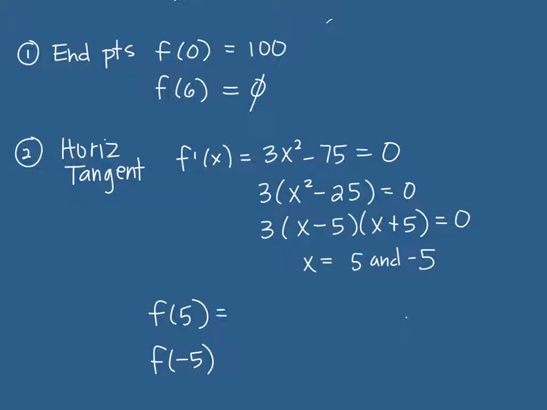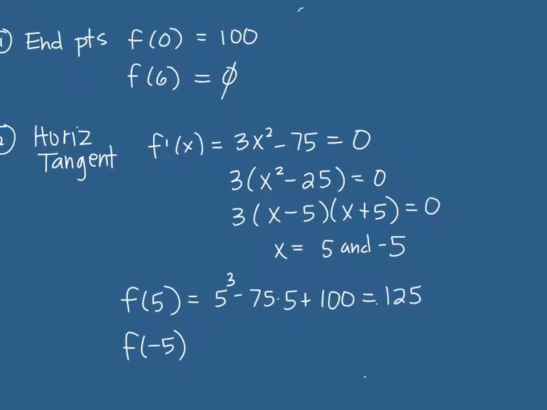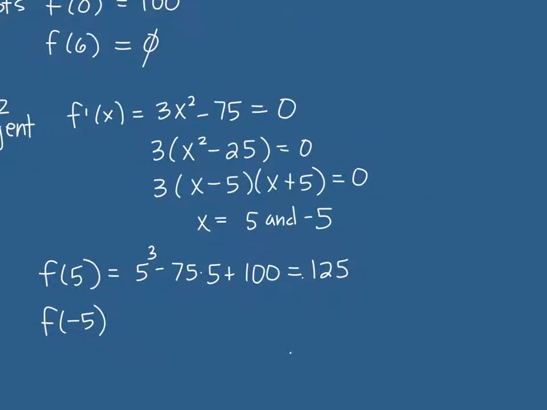Okay, f of 5, we can again do some mental math. So we'll have 5 cubed minus 75 times 5 plus 100. So 5 cubed, 125. Minus, do you guys know what 75 times 5 is?